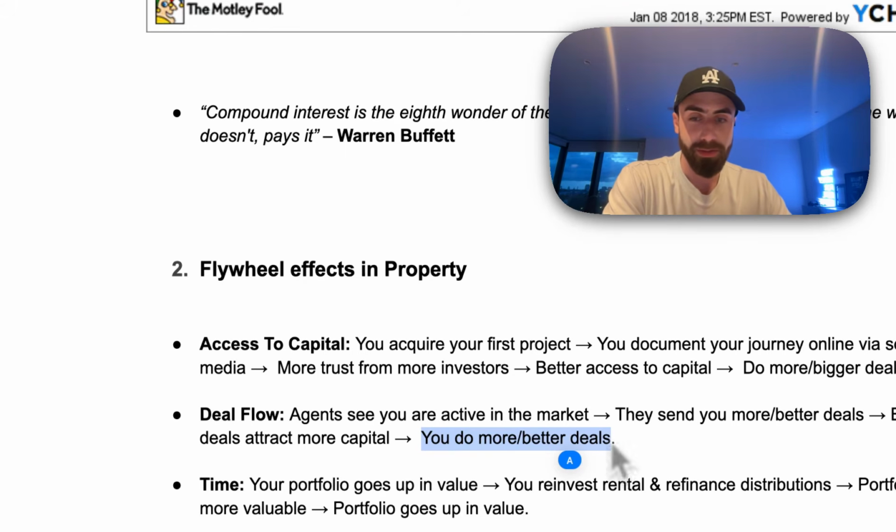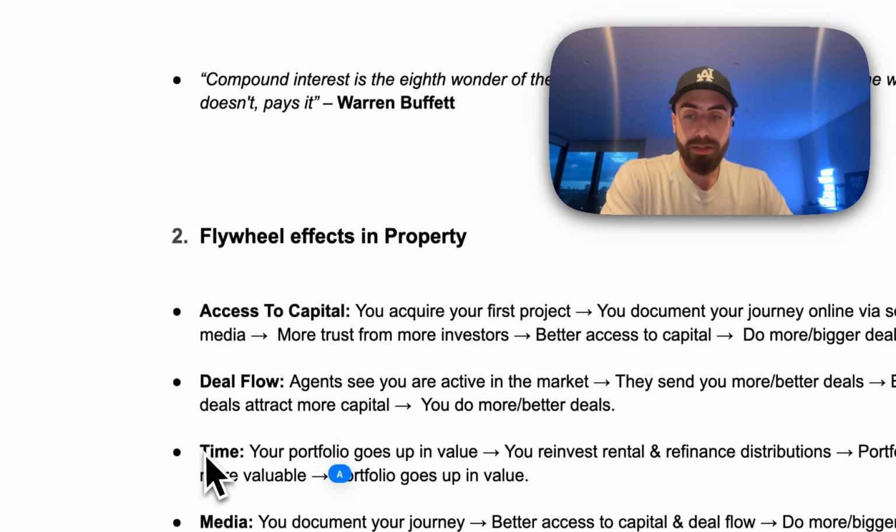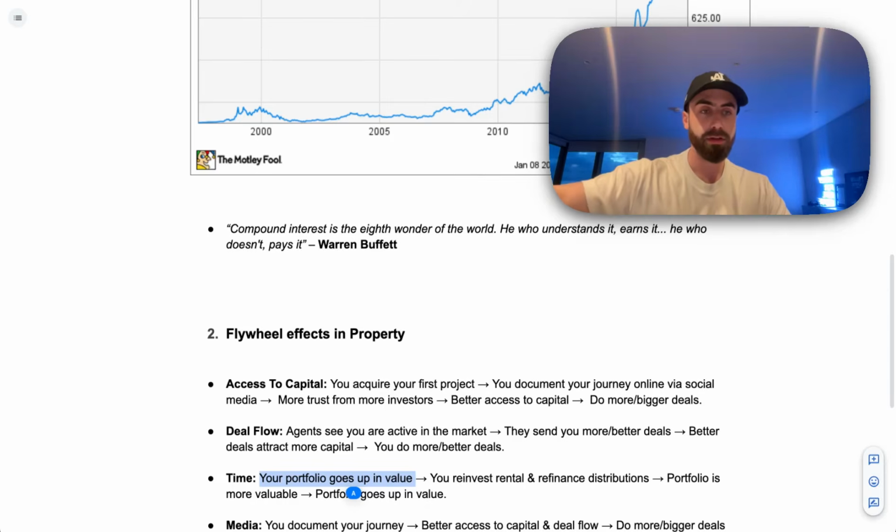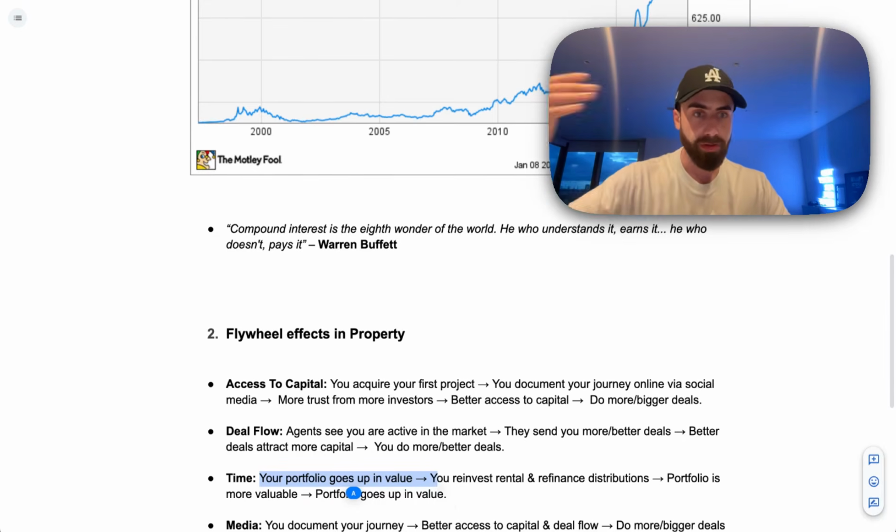And then also there's the time equation. Your portfolio goes up in value, so you retain assets over time. Eventually, not every year, but most years, property prices go up in value, rents increase. And so therefore, every 3 years, every 5 years, when your existing mortgage allows it, you can refinance and reinvest those distributions. You can reinvest rental distributions from the net cash flow that it's producing every single month, quarter, and year.